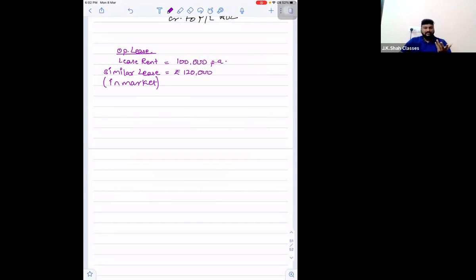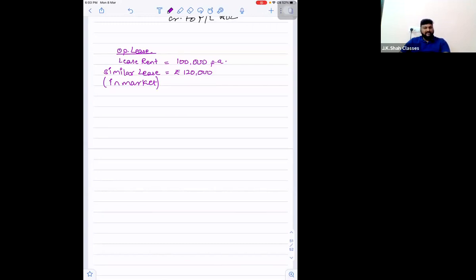You are lucky, sir. So what does AS 19 say? In such a case, you are getting a benefit, right? So against that benefit, the loss on sale of the asset you amortize, defer over the lease term. So here, if the lease per annum is 1 lakh and the market value of such type of lease is 1.2 lakh, it means technically you are getting a benefit.